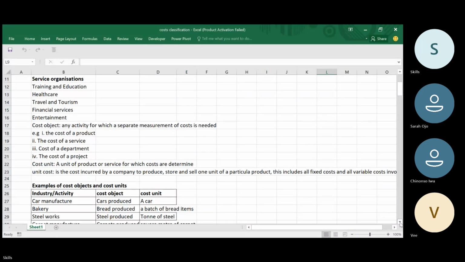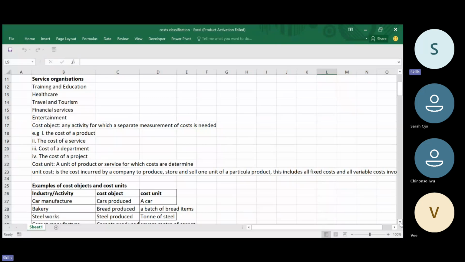Then the cost of a product, the cost of a service, the cost of a department, the cost of a project. These are examples of cost object. The cost of a product, the product you are producing, the cost you incur to produce that product is the cost object.